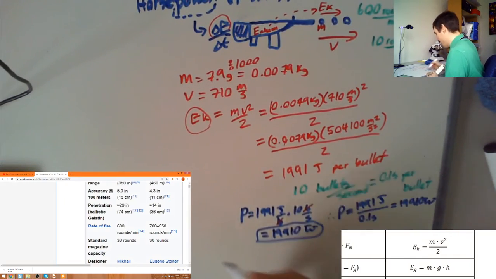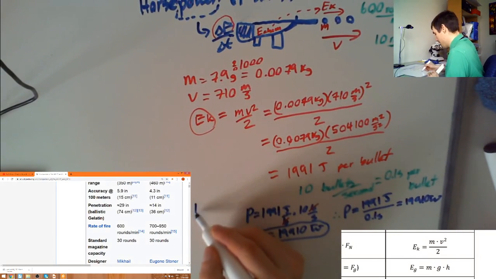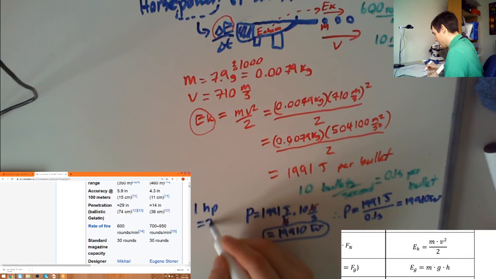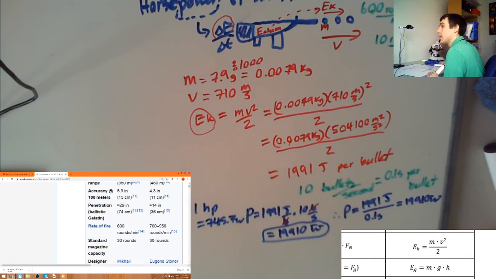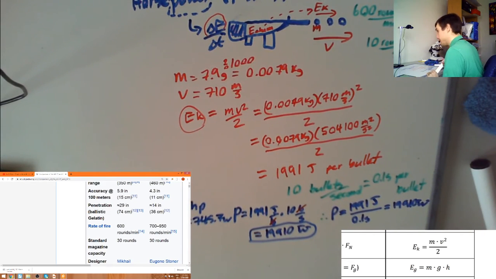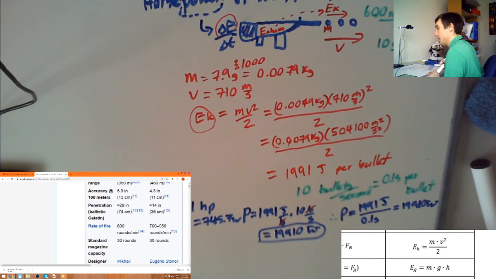So we know that 1 horsepower is 745.7 watts. So then all we have to do is take our 19,910 watts and convert it to horsepower.